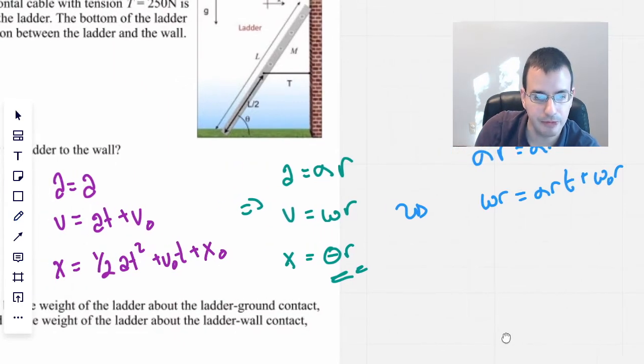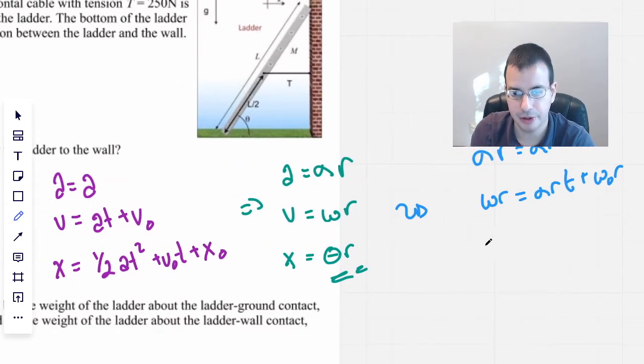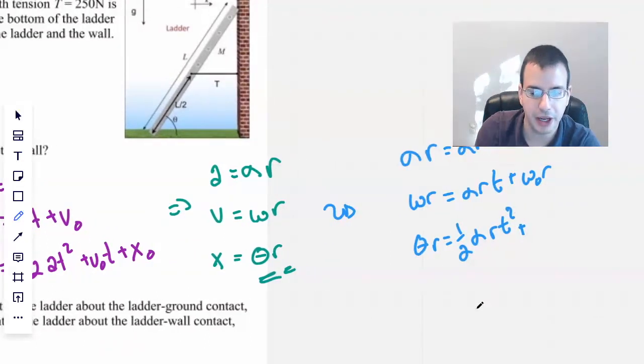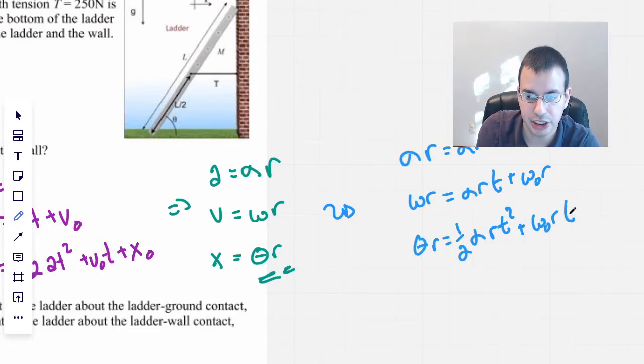And for the bottom, theta r equals 1/2 alpha r t squared plus omega naught r t plus theta naught r.